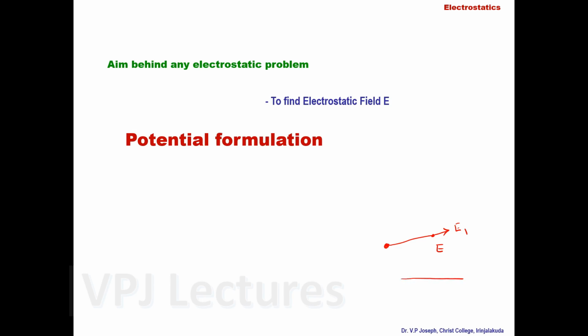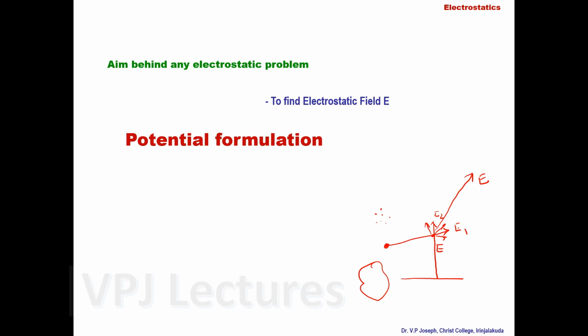Suppose we have another line charge here. This also produces an electric field, which may be represented as E2. Similarly, we have a volume charge or a distribution of point charges here and there. All these will contribute E1, E2, E4, etc. Then the total electric field will be E. So we want to find the total electric field as the vector sum of the effects due to different parts of the source or different sources.